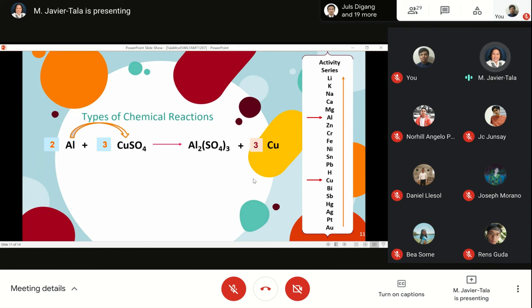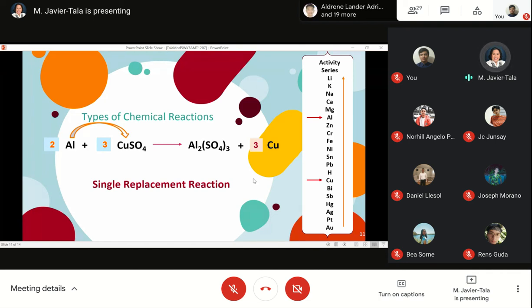So when aluminum replaces copper in copper 2 sulfate, it will form your aluminum sulfate, and the copper that was replaced will exist as a solo element on your product side, as you can see on the right side. So when this occurs, the replacement of your cations, this type of reaction is a single replacement reaction.